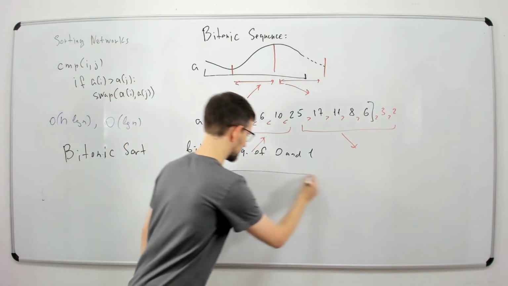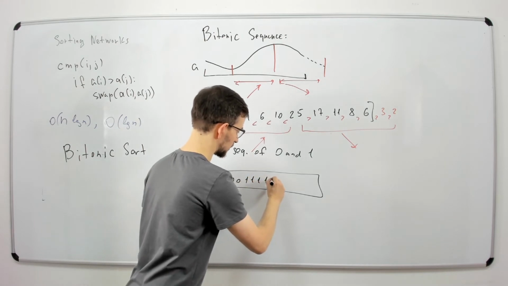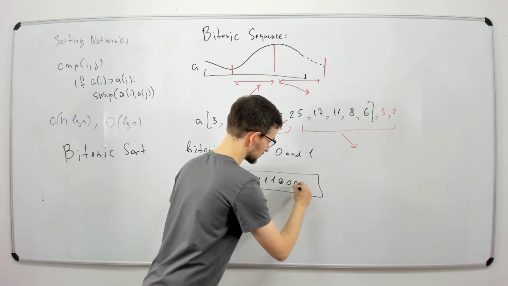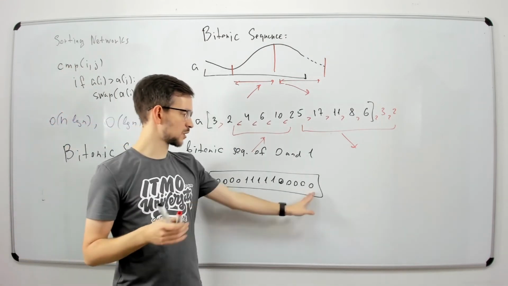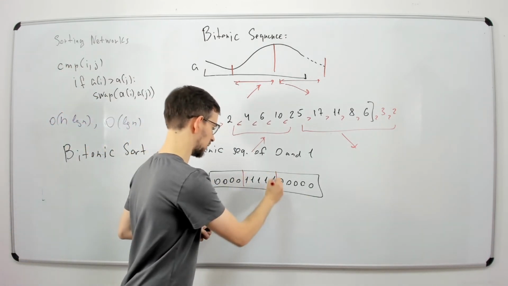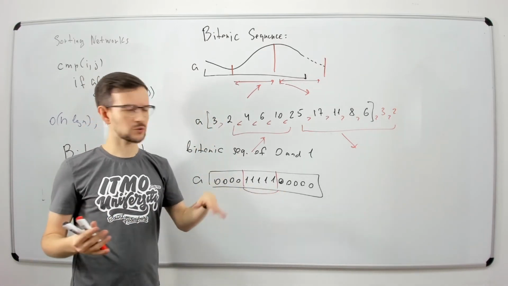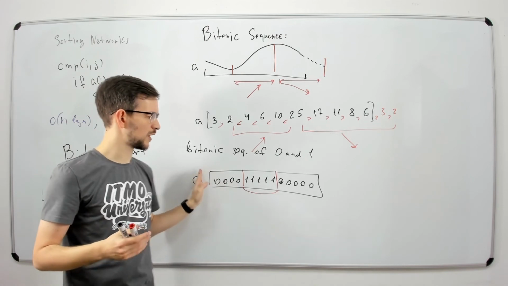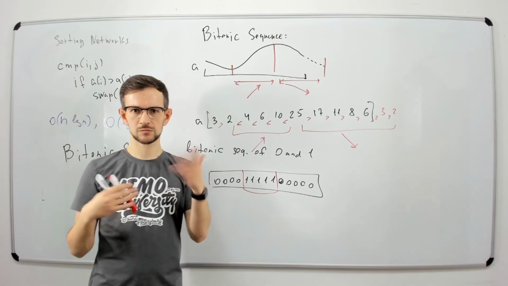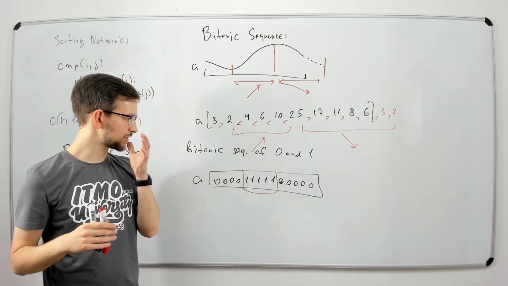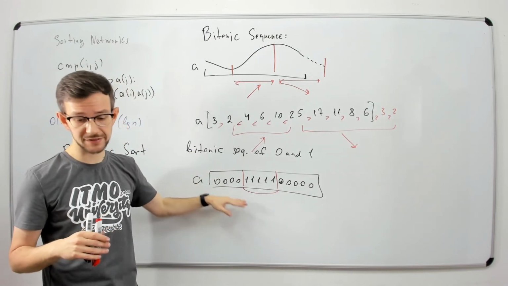We have some array of zeros, and here we have some segment of ones. So we have all elements equal to 0, and in the middle some elements equal to 1. Or the opposite: all elements equal to 1, and in the middle some segment equal to zeros. So a Bitonic sequence looks like one of these.